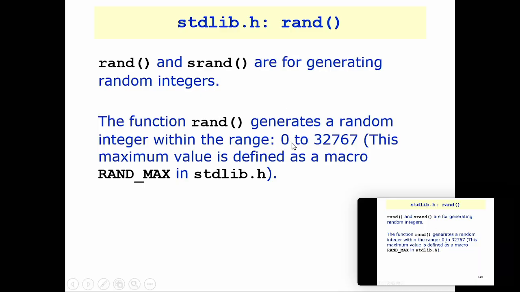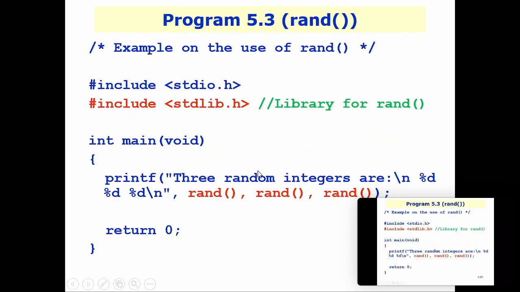The range of the random number is from 0 to 32,767. This is the possible maximum number when you generate a random number using the rand function. This rand function is included in the standard library header, stdlib.